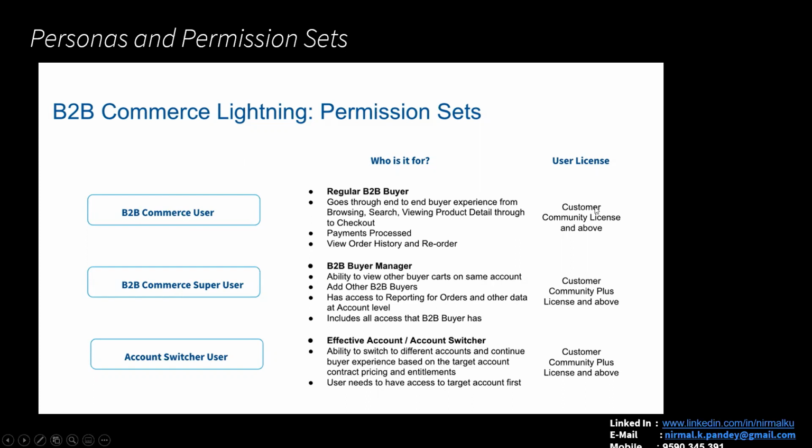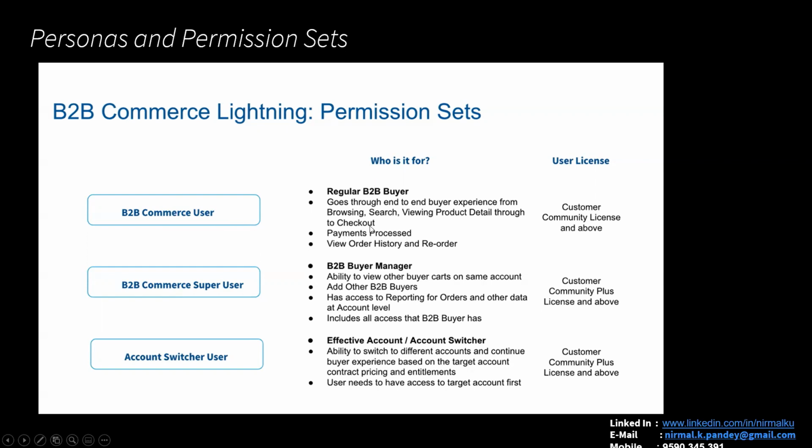It could depend on the number of logins and so on as well. That's where these community licenses come into the picture. They are rather cheaper. Why? Because they don't have access to the entire system. They will have restricted access. How do you restrict it? It's based on the permission set and permission set license that we get.